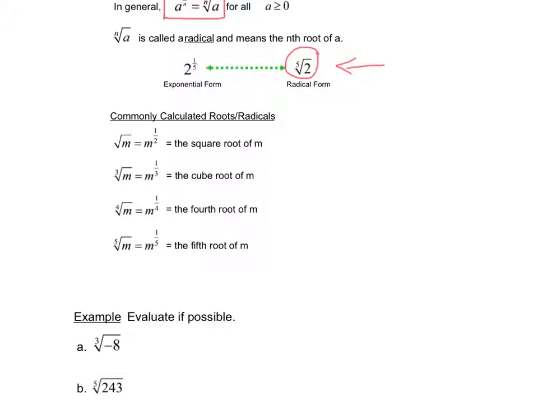Another way of writing the cube root of a number is to write that number to the exponent 1/3. Another way of writing the 4th root of a number is to evaluate that number to the exponent 1/4. And similarly, for the 5th root of a number, we can evaluate that number to the exponent 1 over 5.